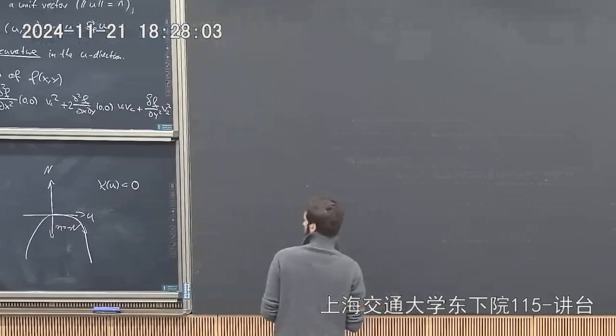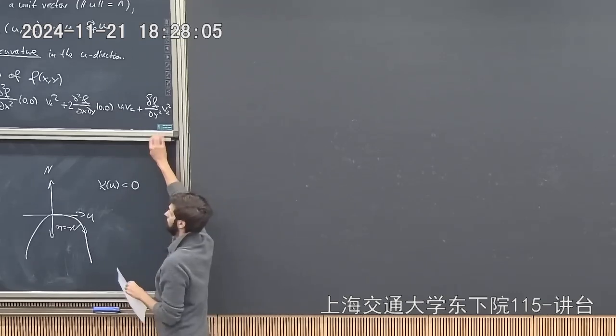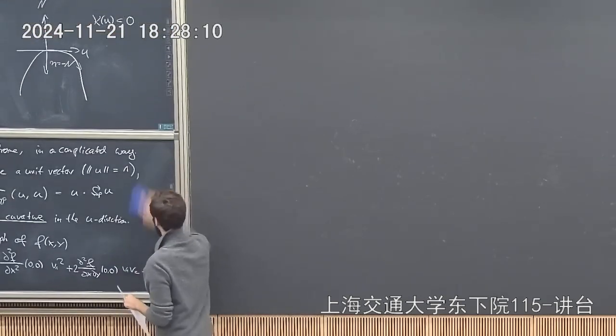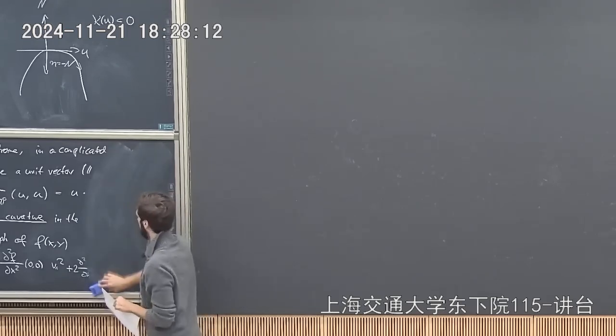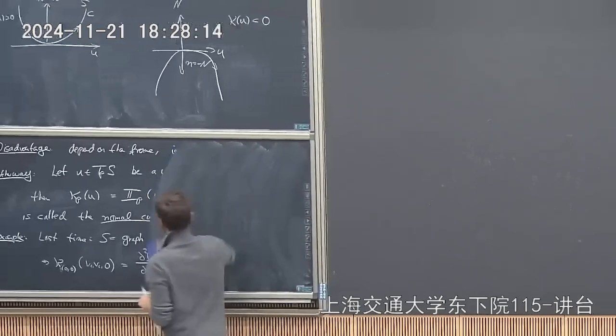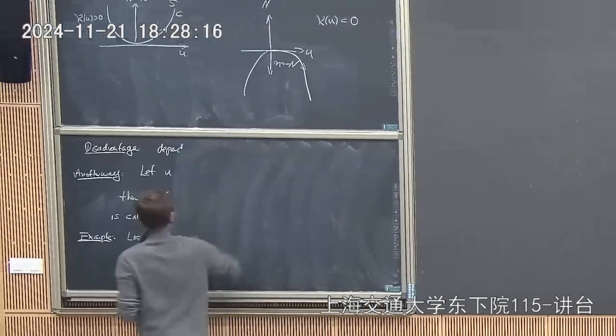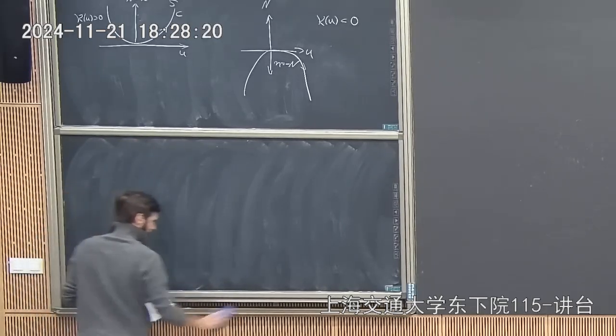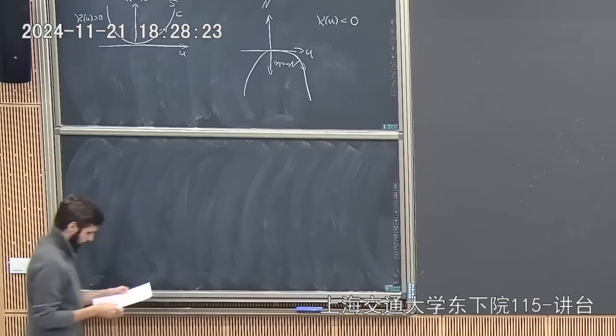Okay, so as I said, the idea now is to extract the maximum and the minimum of the normal curvature as you vary the unit vector. So we get two numbers.